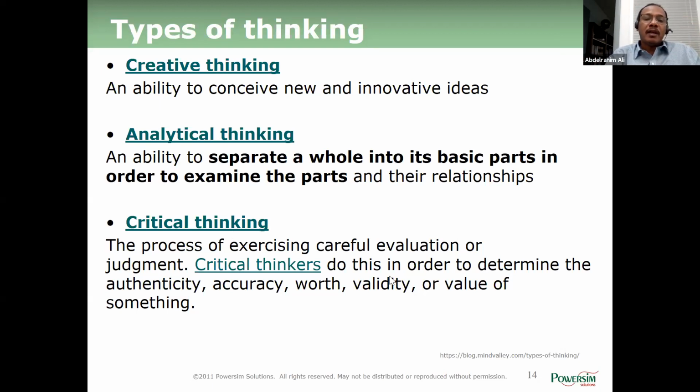The critical thinking is a process of examining, carefully evaluating, and creating judgment. So the critical thinker will try to determine the authenticity, the accuracy, the validity, or the value of something based on their personal judgment.